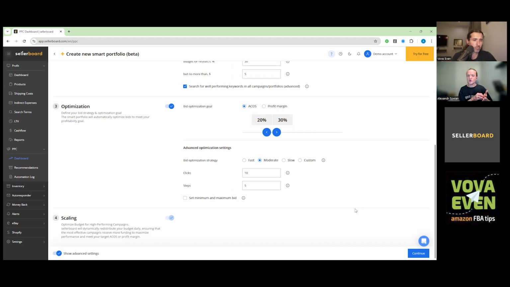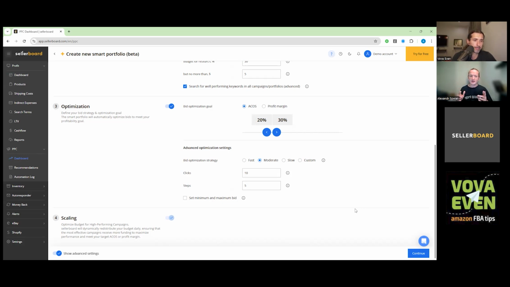So the system will know that my target range is somewhere between 20 and 30%. That means I need to decrease the bid. I need to spend less on this keyword, so the advertising cost of sale will go down and hopefully we'll get in that target range. This is what the system will do. It'll try to tweak the bids so the metric, be it the ACoS or the profit margin for the keyword, will get in the range.